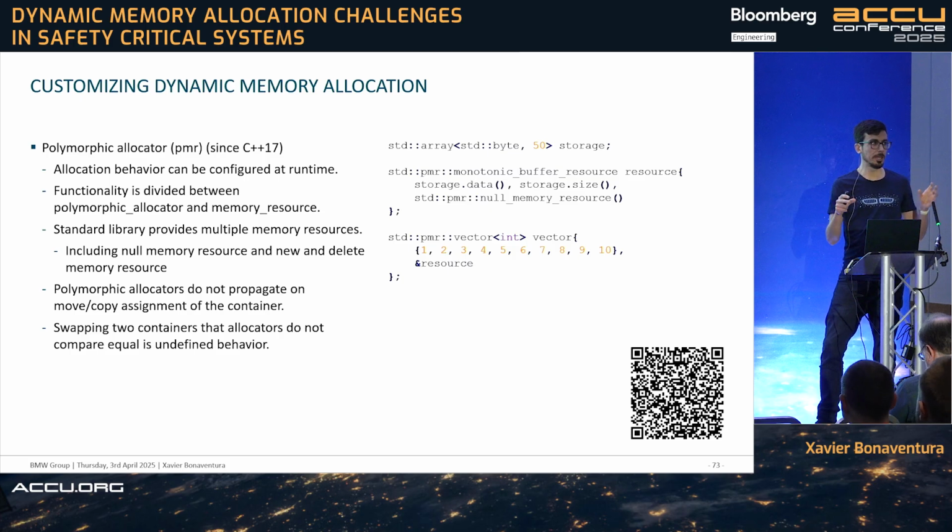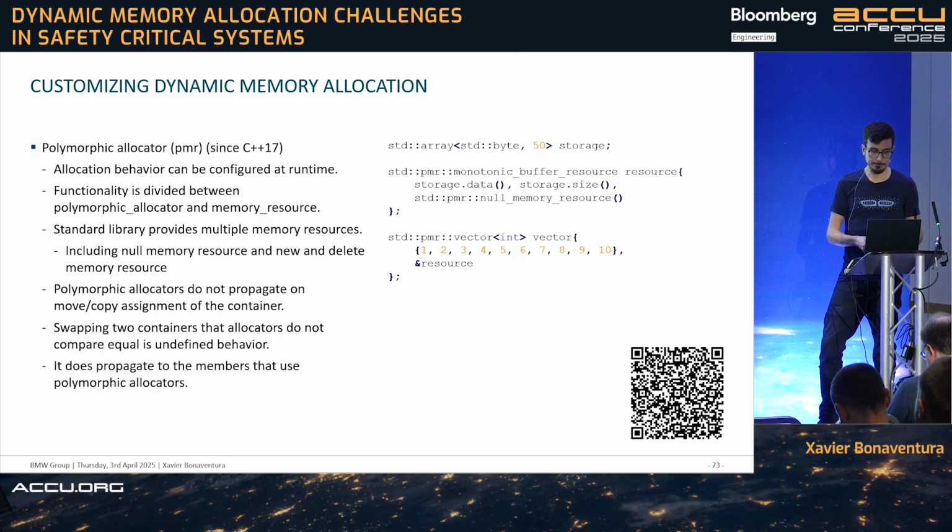It would be like I take the memory from here and give it back to another place. That does not work. And if they do not compare equal, you cannot do the swap, and that isn't defined behavior. That's something you need to be careful about. Yeah, and here I had it like that it propagates to the members of the container.